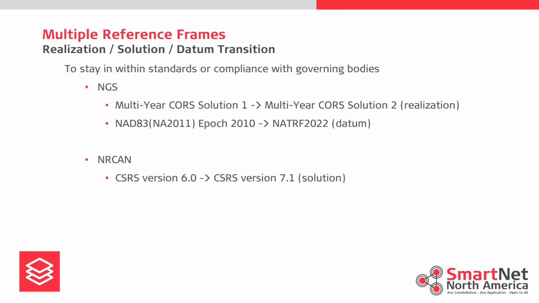This is why you would use a multiple reference frame mount point, to be able to go between datums and realizations, or in NRCAN speak, if you're going from a CSRS version 6 solution to a CSRS version 7.1 solution, we will have mount points that have both solutions available to you, so that you have a way to transition from old solutions to new solutions as you need to without it impacting your work dramatically.